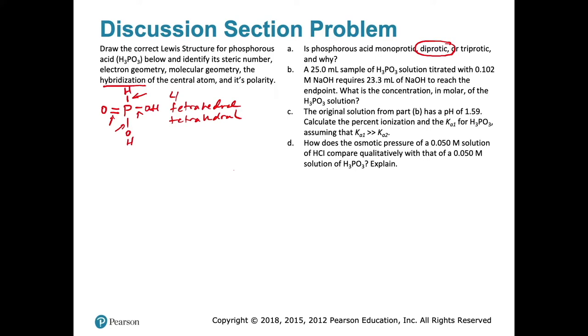It's a steric number 4, so we're going to say that it is sp3 hybridized. And very lastly, what is its polarity? We can see that this side over here has just this one big oxygen on this side, right? And this side has a bunch of protons, so it's definitely polar.